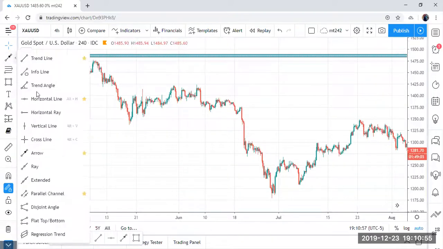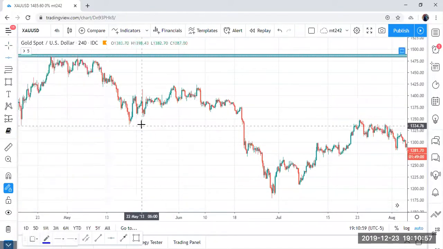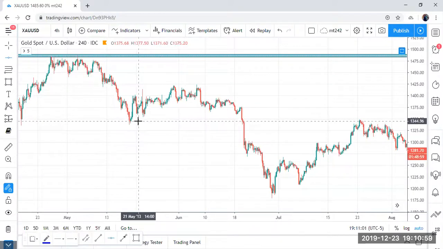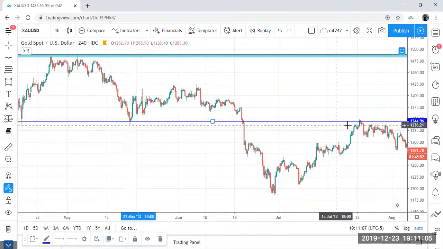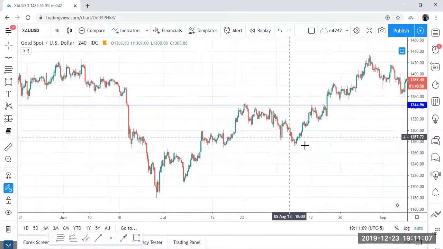And we could use any level. We could use this level here. See the support here turn to resistance over here. The floor turned into the ceiling, price dropped.